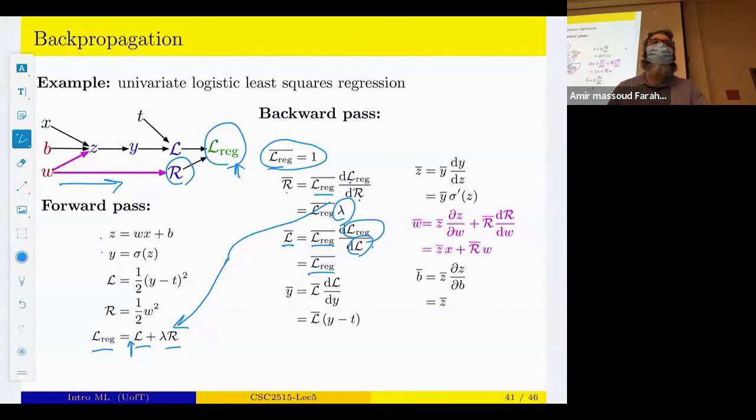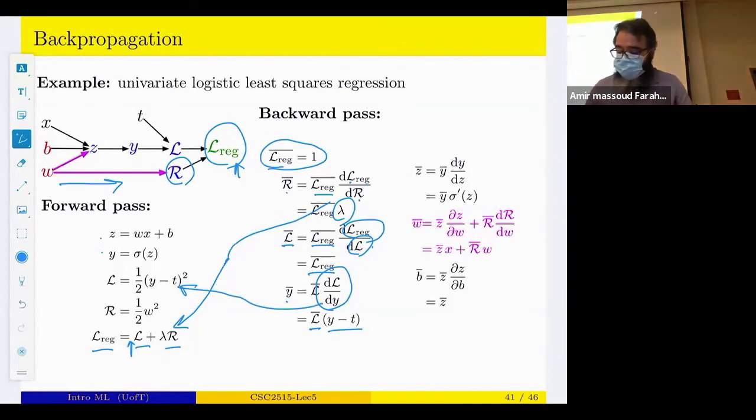So that would be the same as L reg bar, and we already computed L reg bar. And now for y bar, we do the same thing, but we get L bar times y minus t. And this is coming from dL/dy, which is computed here.